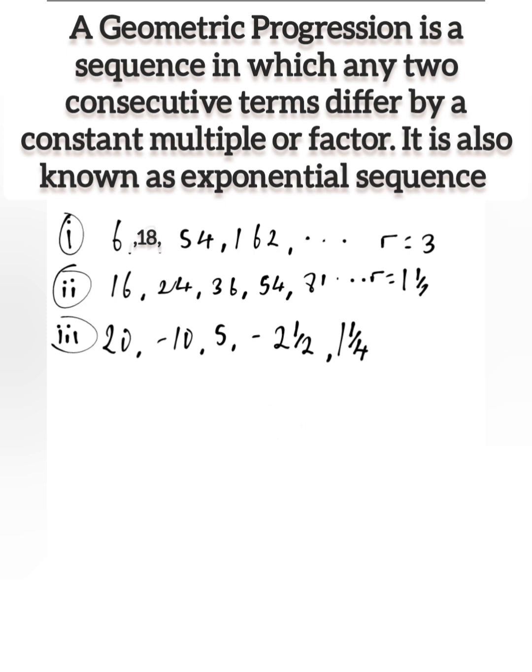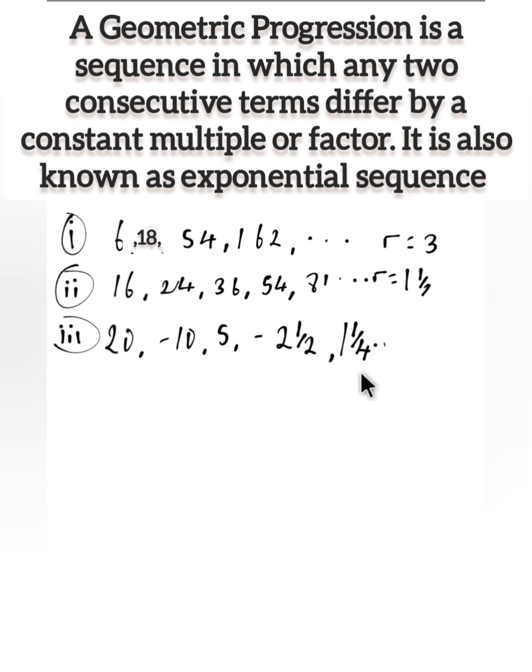This sequence is decreasing, but it's decreasing by a multiple of minus half. 20 times minus half is minus 10. Minus 10 times minus half is 5. 5 times minus half is minus 2 1/2. And minus 2 1/2 times minus half is 1 1/4. It's kind of an alternating sequence. r is equal to minus 1/2.